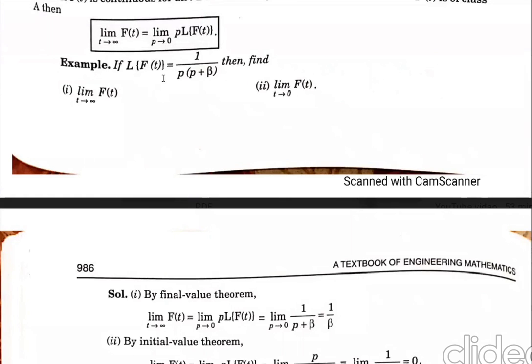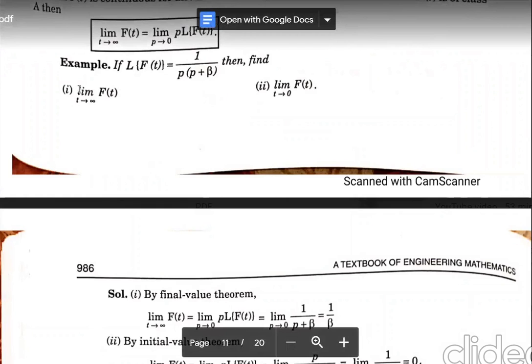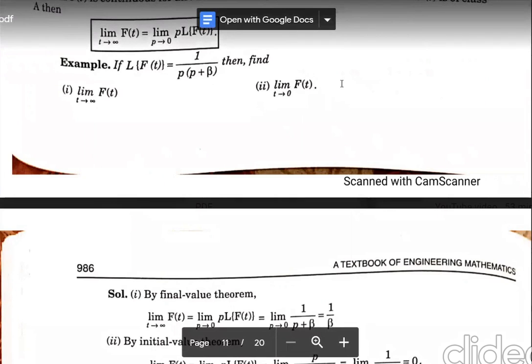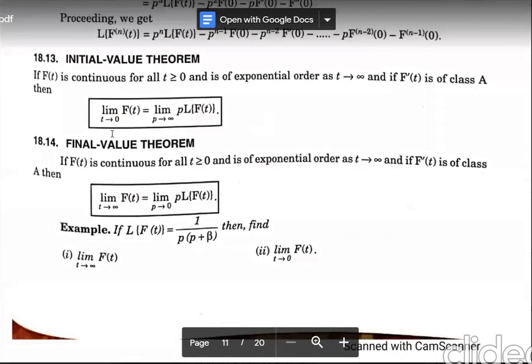Now, one thing you need to understand: when limit t tends to infinity, then it is the final mean value theorem. And when limit t tends to 0 f of t, then it represents the initial mean value theorem, if you remember. So if limit t tends to 0, then it is the initial mean value theorem, and if it is t tends to infinity, then it is the final mean value theorem.